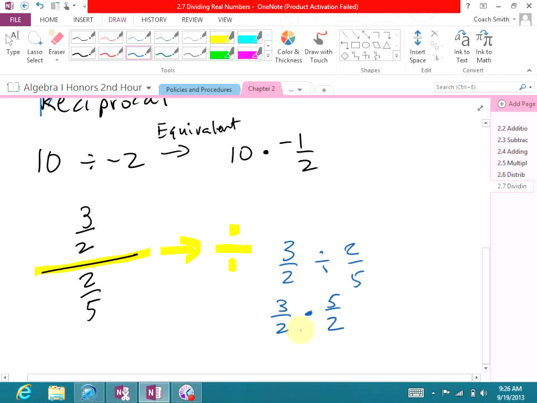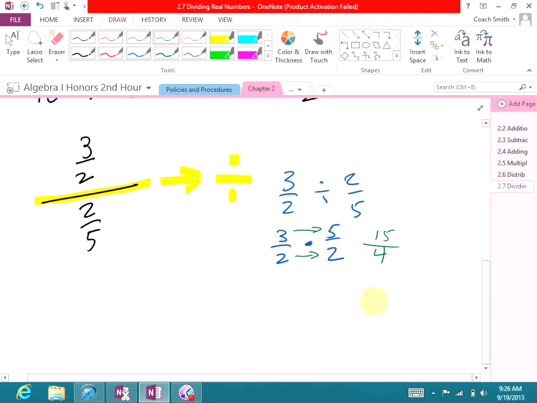You have to multiply 2 times 2, which is 4, 3 times 5, which is 15. 15 over 4, or 3 3/4.